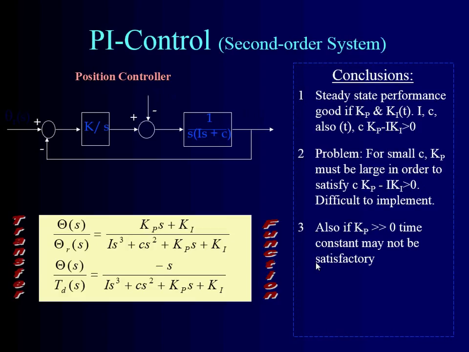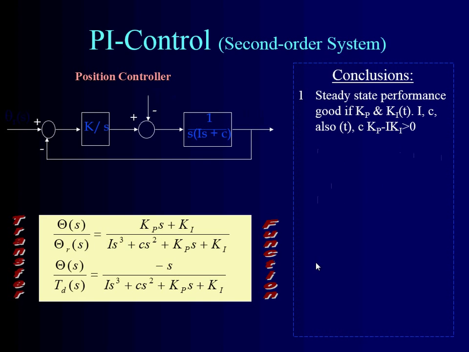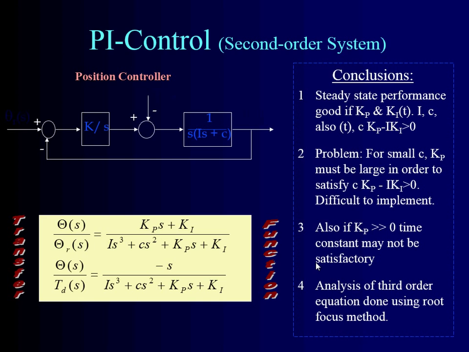So the conclusion here is, hard to implement. If Kp is bigger than 0, the time constant may not be satisfactory. So you get the trade-offs in there, and what I'm outlining are the conclusions and observations.